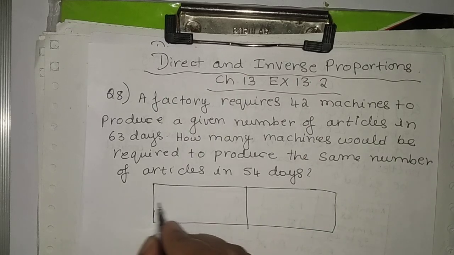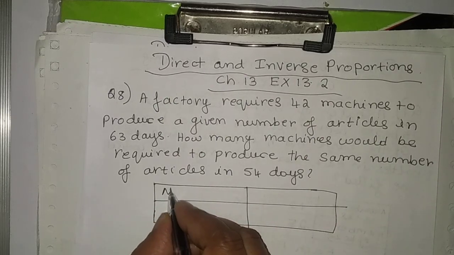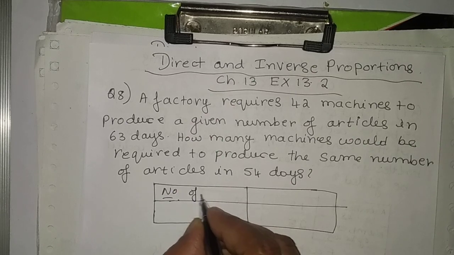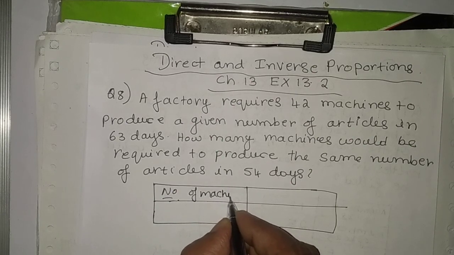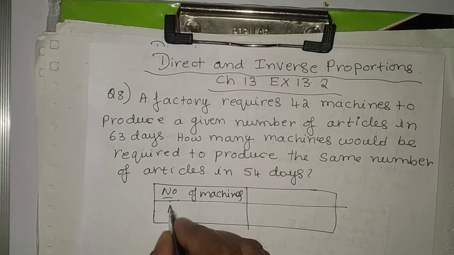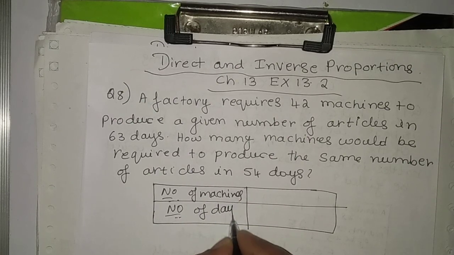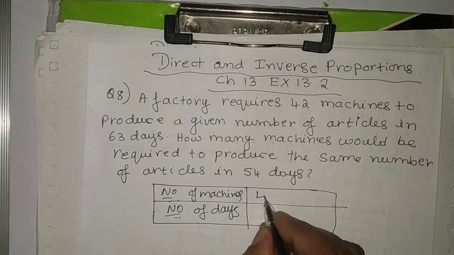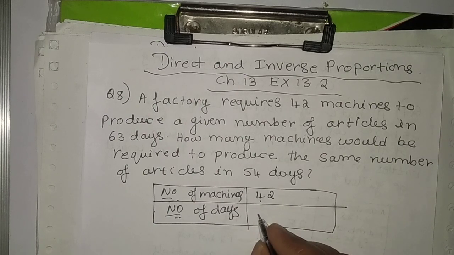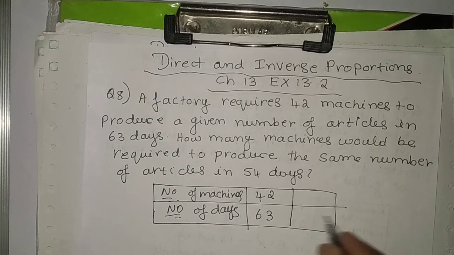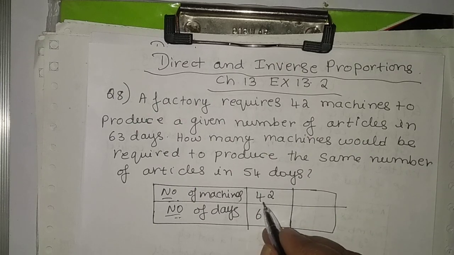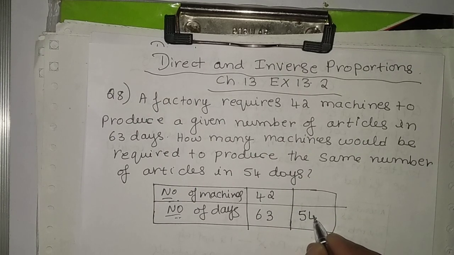So what is the number of machines and number of days? First, the number of machines is 42, the number of days is 63. Next, now the number of days is 54, then how many machines are required?